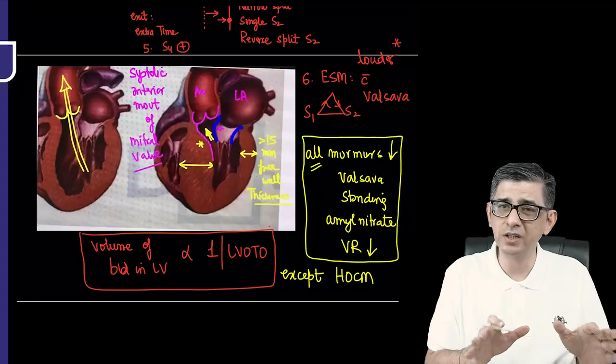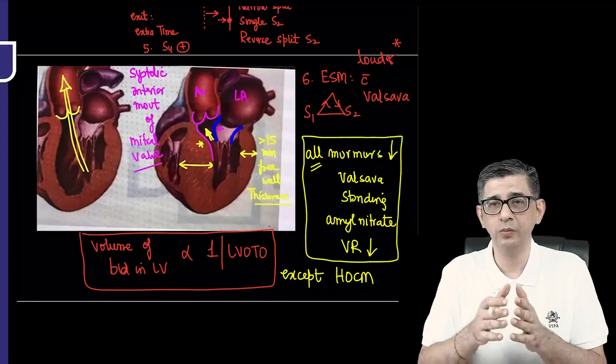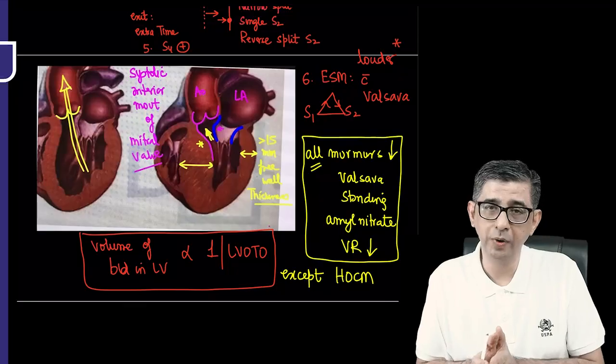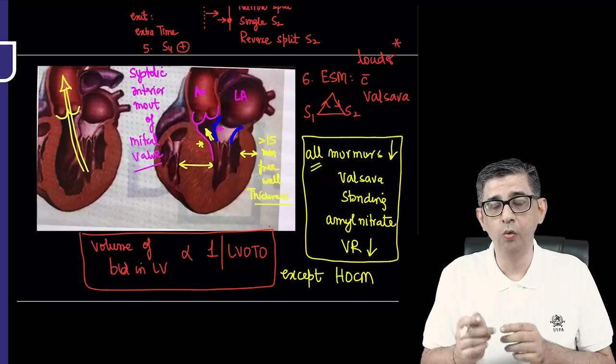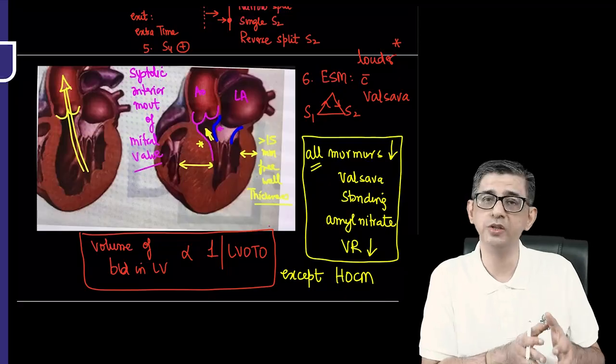In a nutshell, I can summarize that the murmur of hypertrophic cardiomyopathy behaves opposite of what would happen in other cardiology conditions.